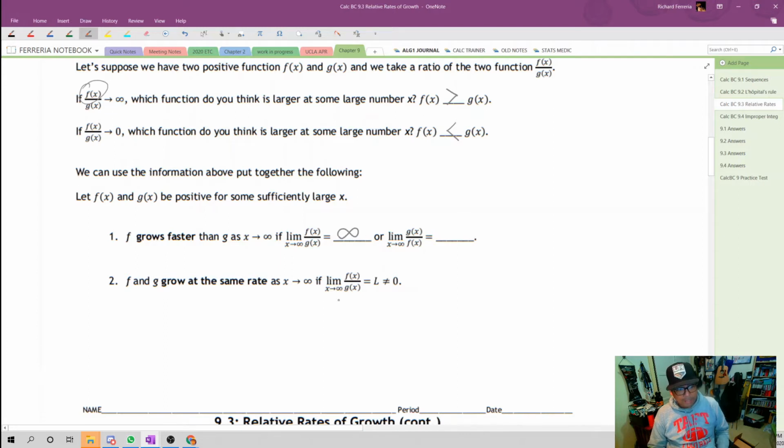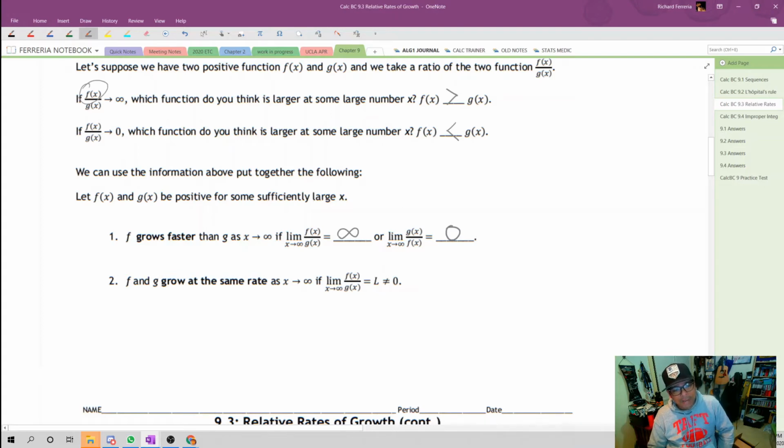And if f of x is on the denominator, this limit, g over f, should go towards 0. And as a consequence, if f and g grow at the same rate, then the limit has to exist and the limit can't be 0.